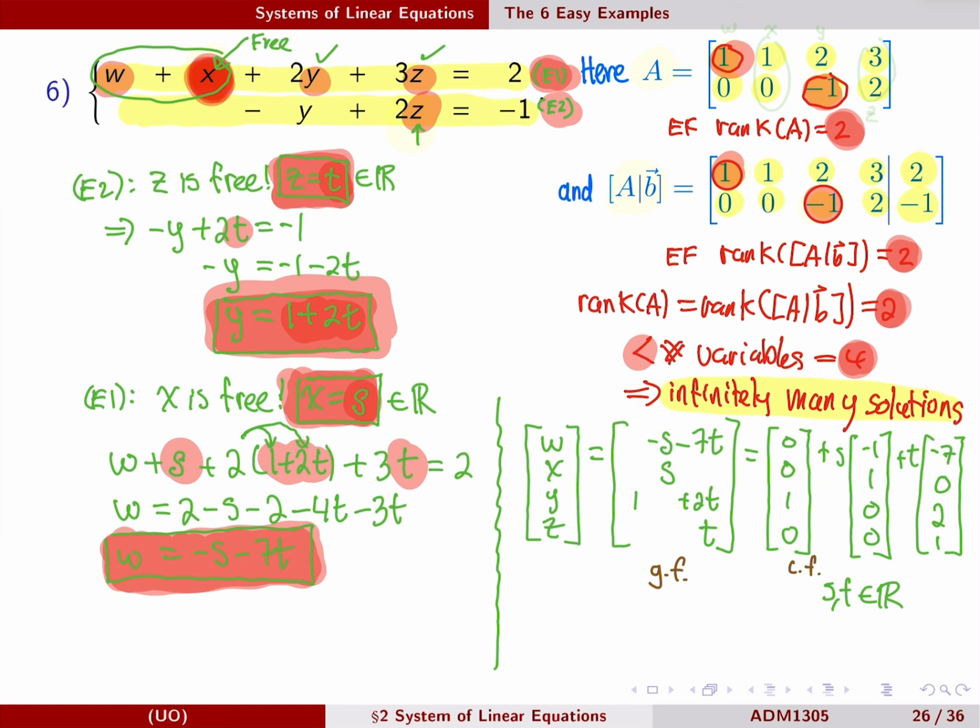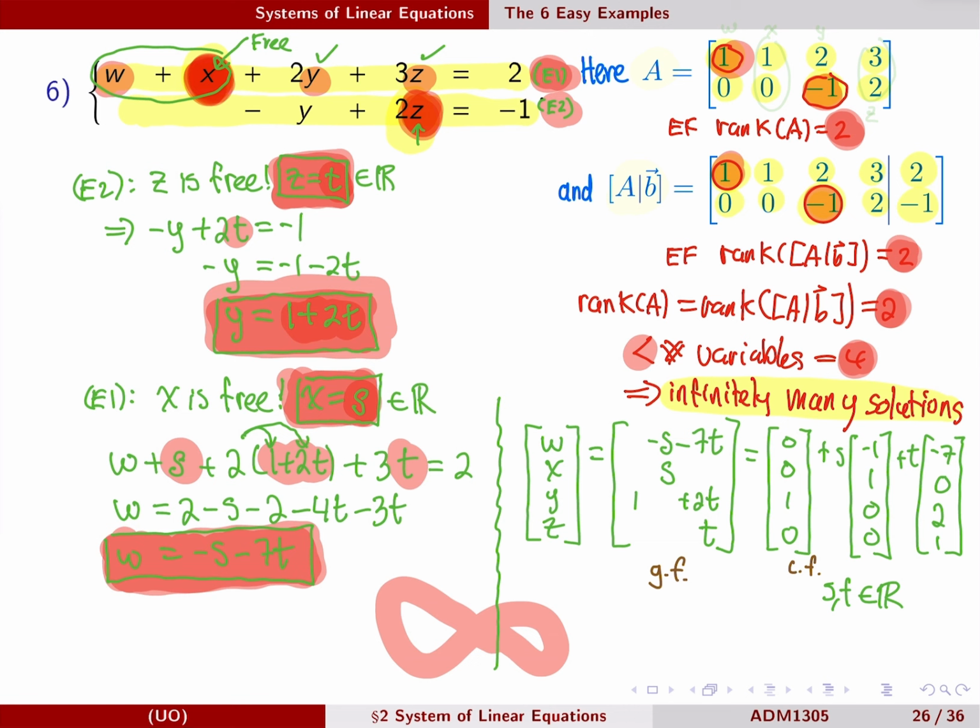One last little remark before I go to the next section. I chose z to be free and x to be free. You could have chosen y or w instead, but the reason why I chose x and z is because we will see in the last section that when you have a matrix in echelon form, the free variables can be better understood using the Gauss-Jordan algorithm as the columns that are pivot free in your coefficient matrix or augmented matrix.